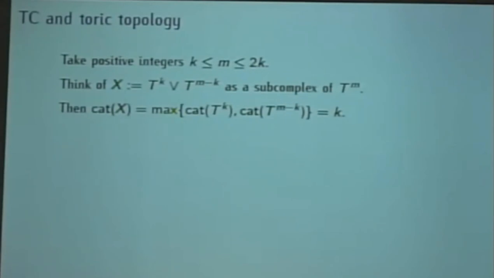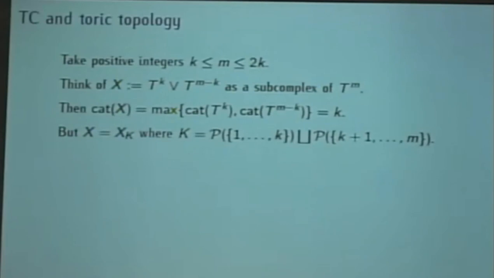The category of a wedge, as long as they are well pointed, is just the maximum of the categories of the summands. In this situation, the category of each of the summands is just the dimension of the torus. This is the largest between k and m minus k, and because of this condition, this is just k.